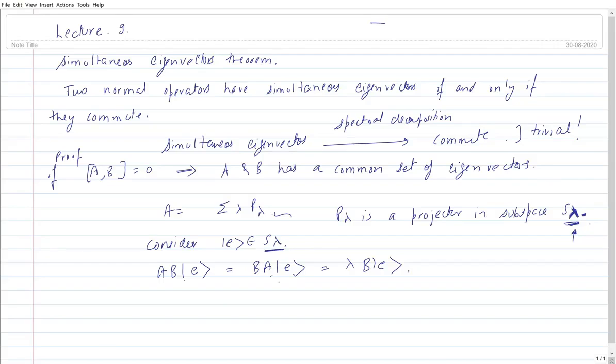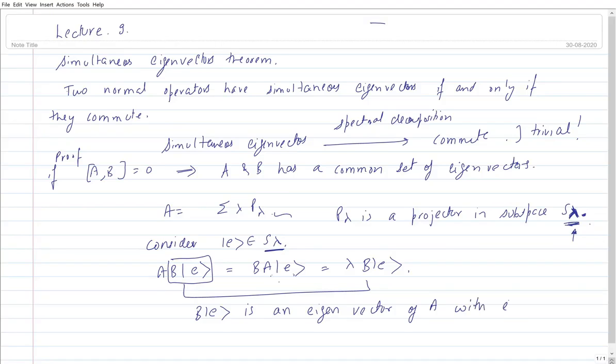I'm just plugging in the definition. So what does it say? This relationship says that this element is an eigenvector of A with eigenvalue lambda. Therefore it also belongs to this subspace.